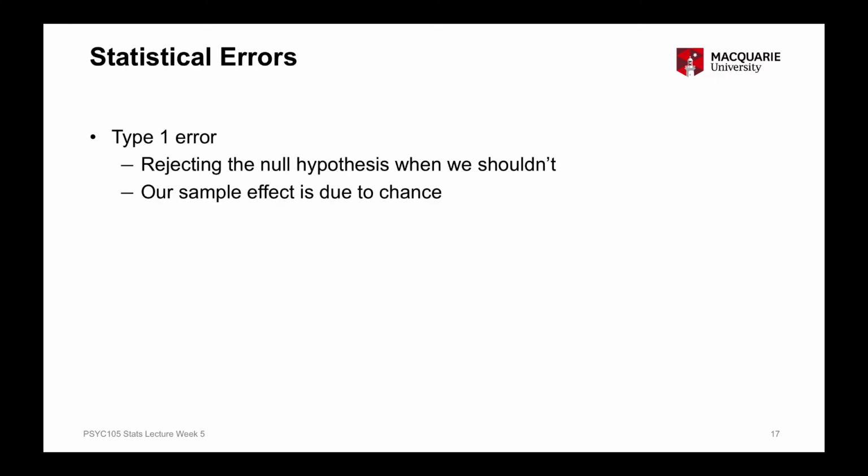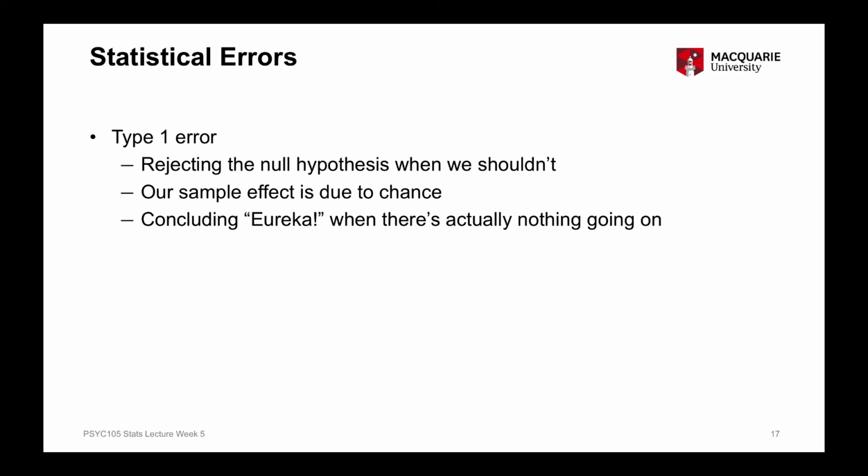In that instance, the effect that we see in our sample, or the relationship between variables or the difference between groups, is just due to chance. It's not reflecting a real population effect. It's just due to sampling variability. You can think of that as concluding eureka, saying that there is an effect, that there's something going on, when actually there isn't.